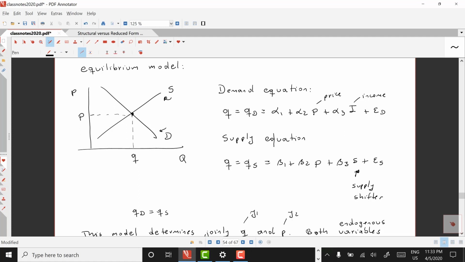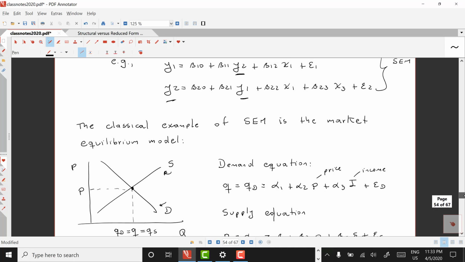What I wanted to say is that the quantity demanded is equal to the equilibrium quantity, which is equal to the quantity supplied. And we write the demand and the supply equations in terms of the quantity, because we can make use of this equality to be able to solve for price or the quantity. I'll get to that in a minute.